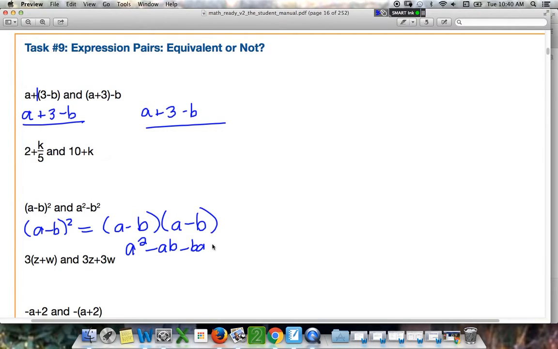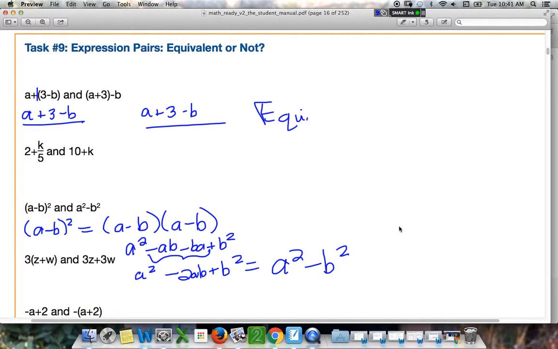And negative b times negative b is positive b squared. These right here, even though they're switched around, they're the same, because multiplication is commutative. You can move them around. That is what that side would equal to. That does not equal this. Okay, so go through there and make sure. So this would be equivalent. This is not. Okay.